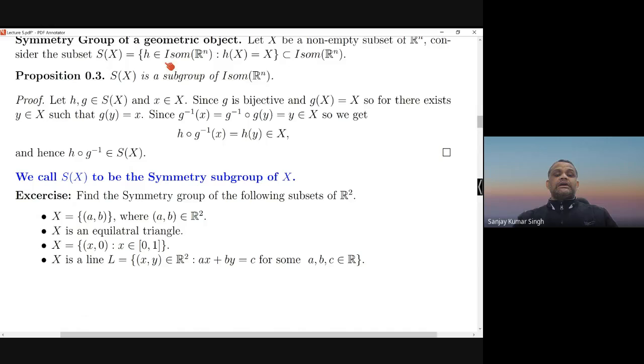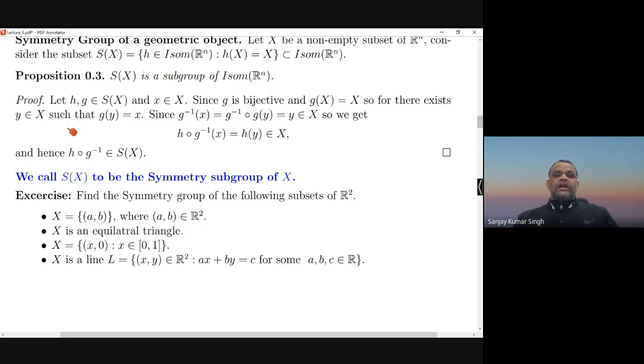So how to check? To show that it is a subgroup, it is enough to check that if I pick two elements H and G in this set, then H G inverse is also here. That is the criterion to check a subgroup.